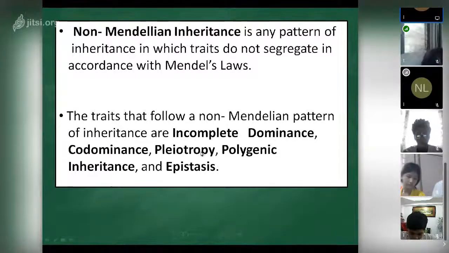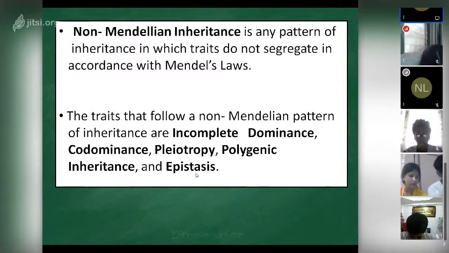Pleiotropy is not very important because it is just like codominance. And the other one, polygenic inheritance. And the last one, epistasis.